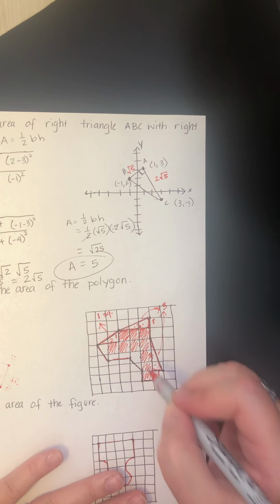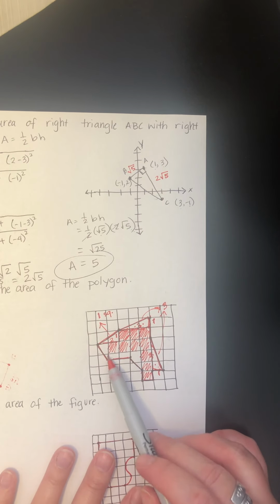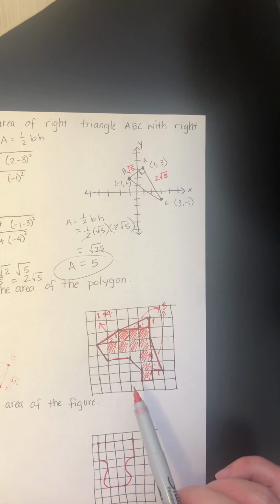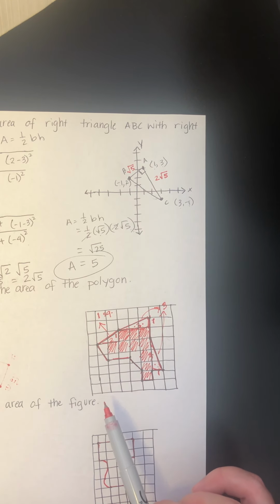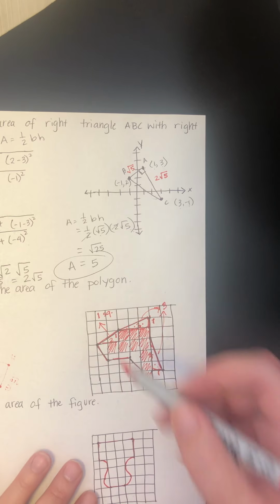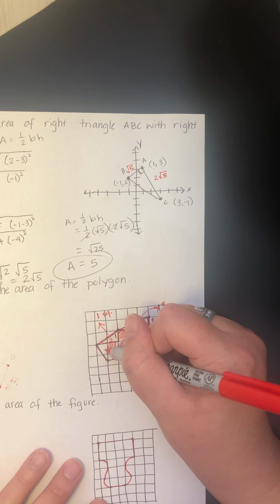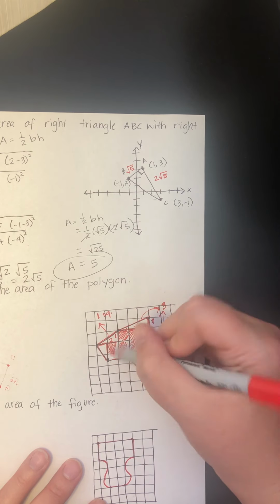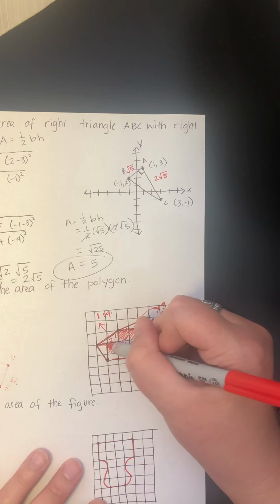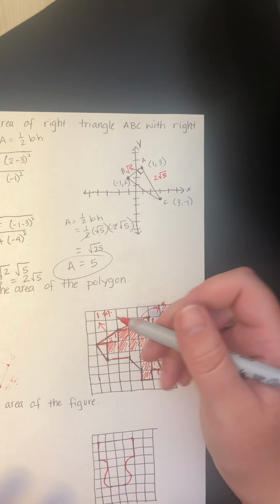We have 10 already done. Now these last ones, there's about 6 squares, but none of them are complete. So we need to figure out what they would be. We've got like this one right here, and this makes a little triangle right here. This is 1.5 and this is 1. It's about 1.5 and 1.